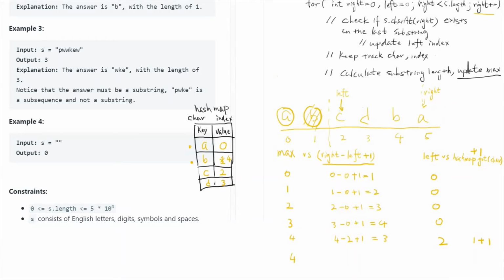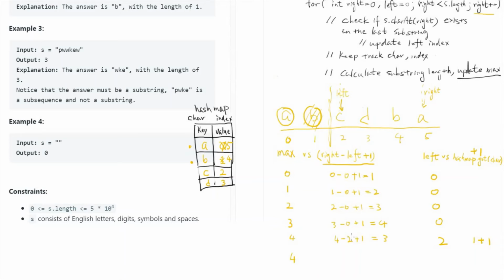But we do not want to update the left index because the position of the previous A is outside of the left boundary. We have a boundary here, and this A is outside of this boundary, so we do not update the left index. But we will update A in the hash map with the new position, which is 5.